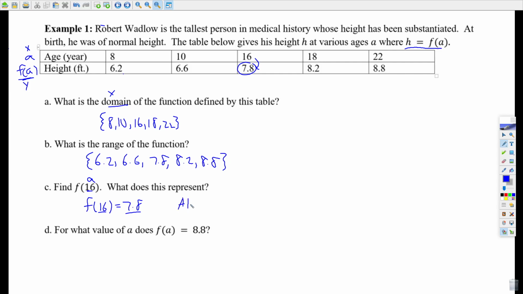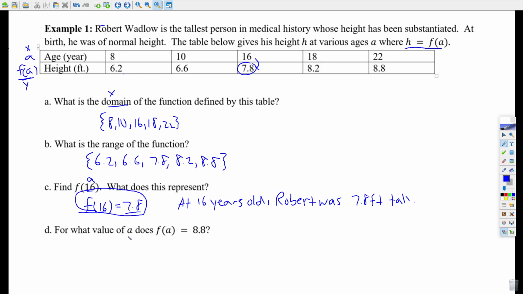At 16 years old, Robert was 7.8 feet tall. That's what that means, this one little equation here.